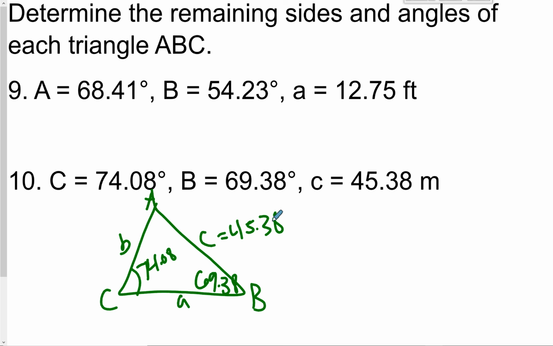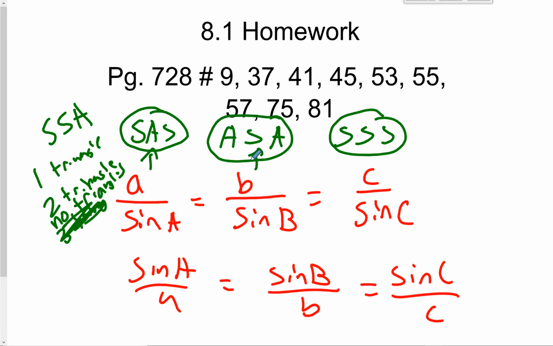And identify what case you are dealing with. So I have two angles and a side, right? So I have angle, angle, side. Side, angle, angle. Now that one's the same as this one. So two angles are okay. It's when I have two sides that I have a little tricky thing.